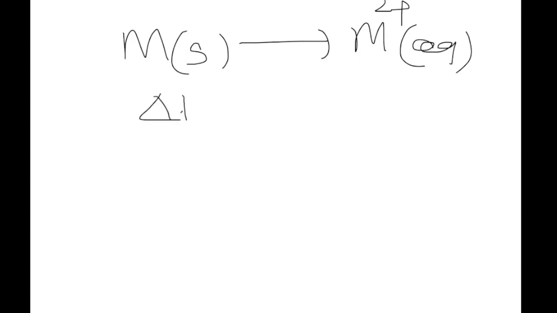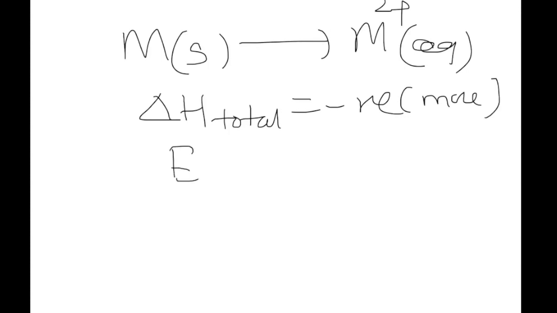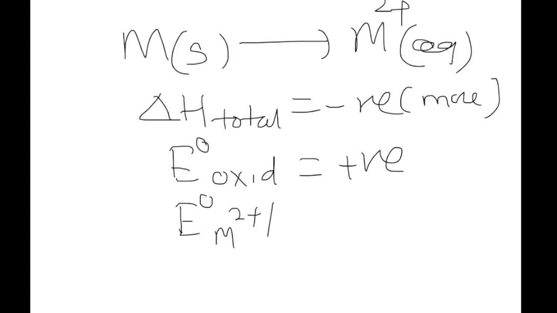More amount of energy means the del H total should be more negative value. Then the standard oxidation potential value will be more positive value, which means the standard reduction potential value will be more negative value.